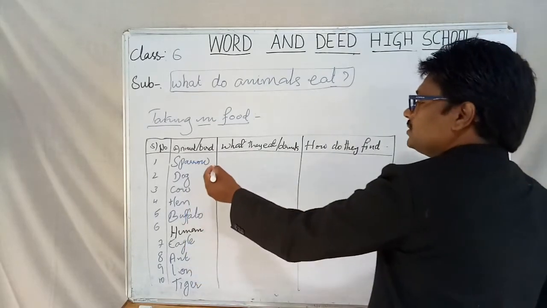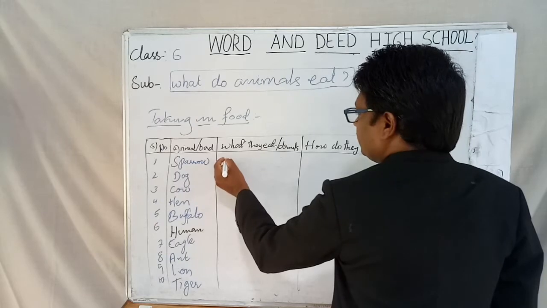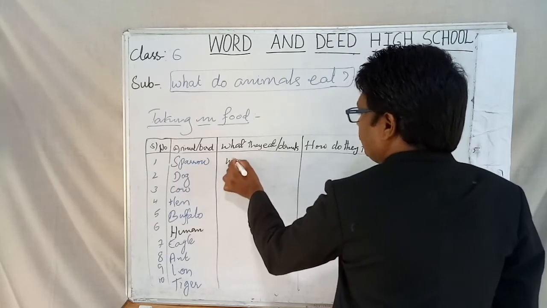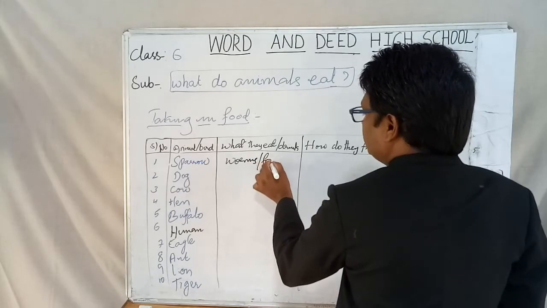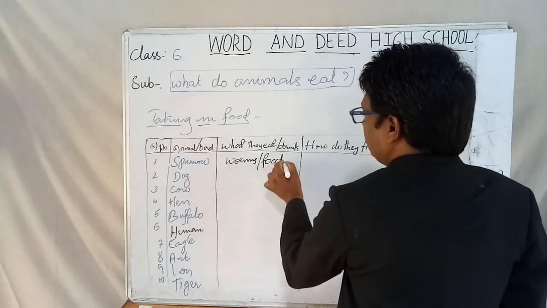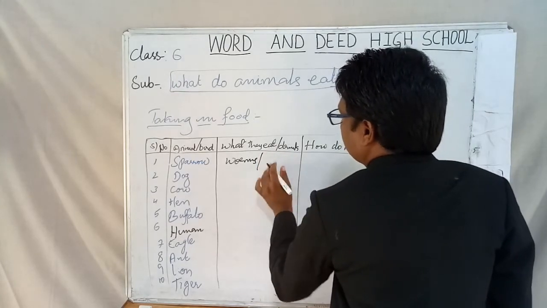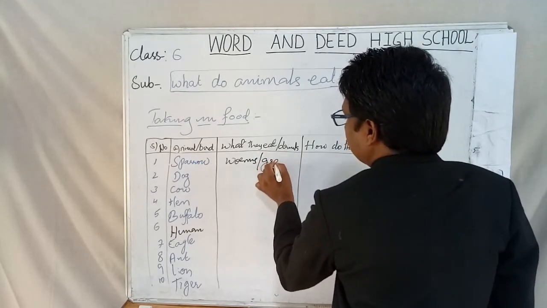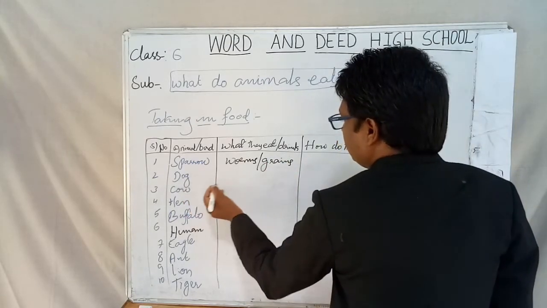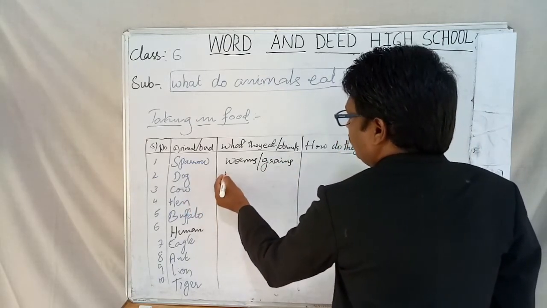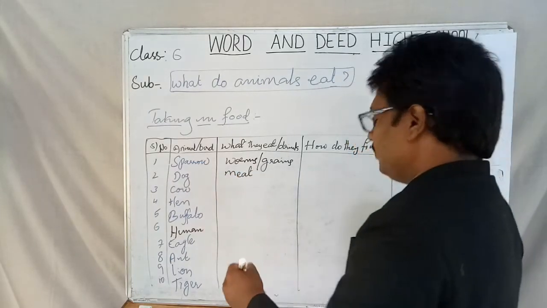What does a sparrow eat? Some worms and some grains. And the dog? Dog eats meat.